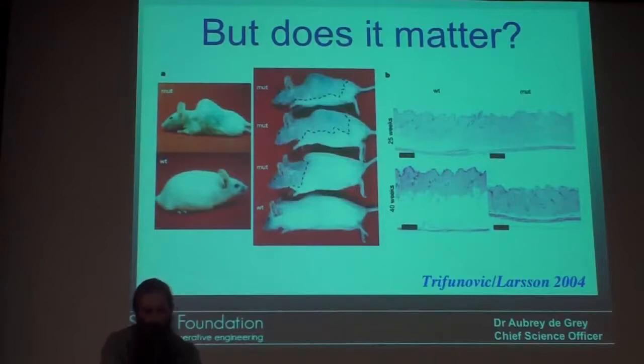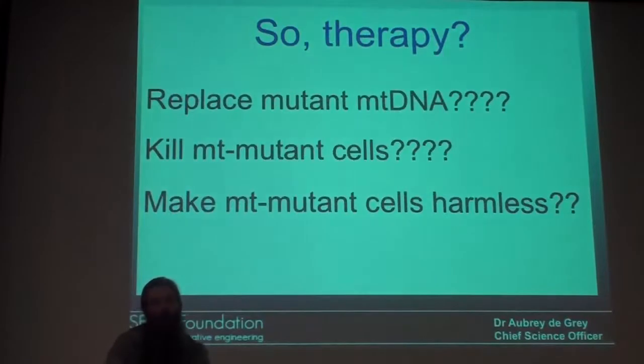So this model is valuable, that Alex was going to speak about. The model from Anu's group is also valuable. My personal hunch is that Anu's model is going to be more useful in the end, but both of these models need more work and more refinement to make them more faithful recapitulations of normal aging. So at this point, we don't really know whether mitochondrial mutation accumulation actually matters in normal aging.